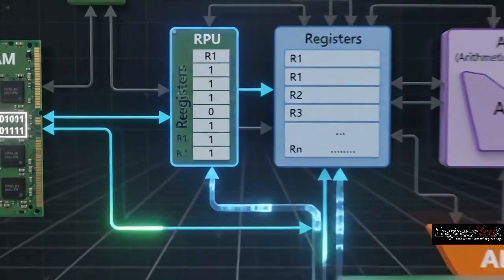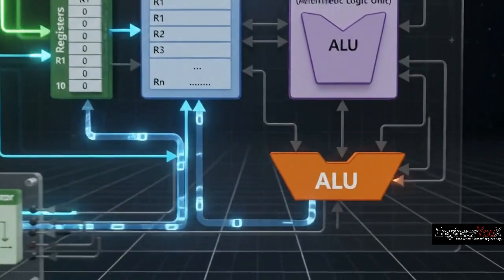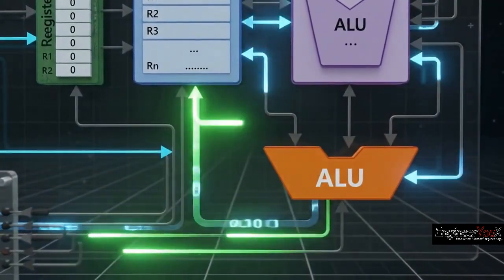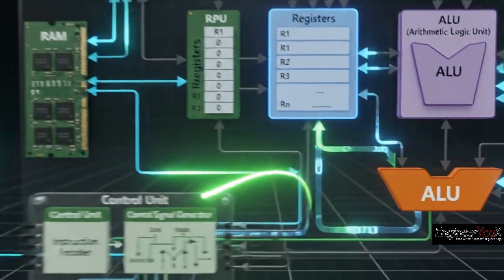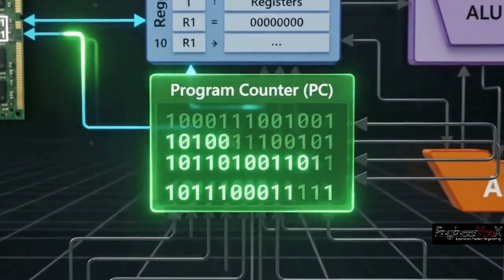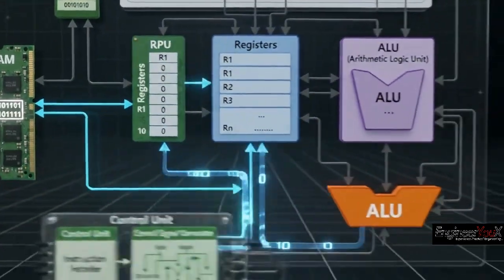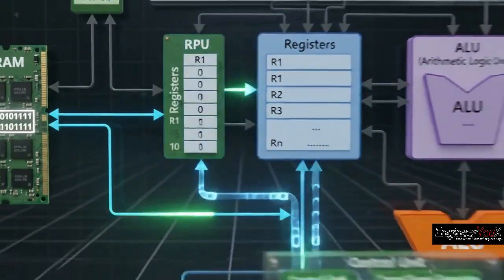This process repeats billions of times every second, allowing your computer to execute programs efficiently. At the same time, the control unit keeps track of the program counter, which stores the address of the next instruction to execute. After one instruction is completed, the program counter is updated, allowing the control unit to fetch the next instruction. This process continues until the program finishes.